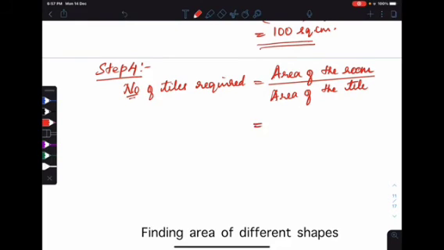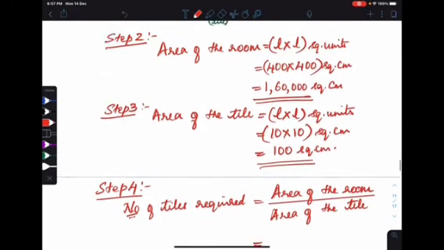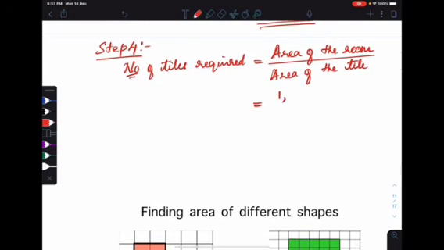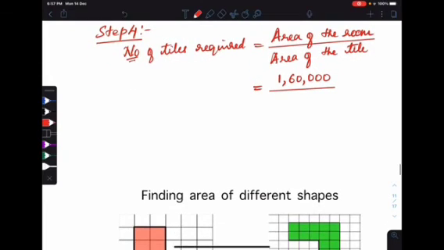Now, which is equal to, area of the room is 1,60,000 divided by area of the tile is 100.